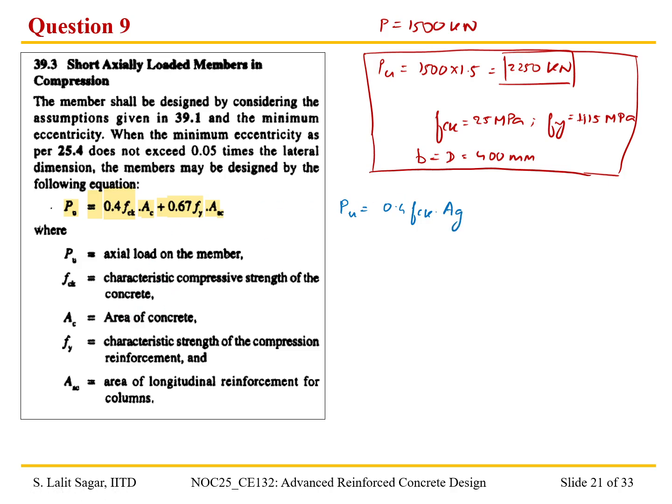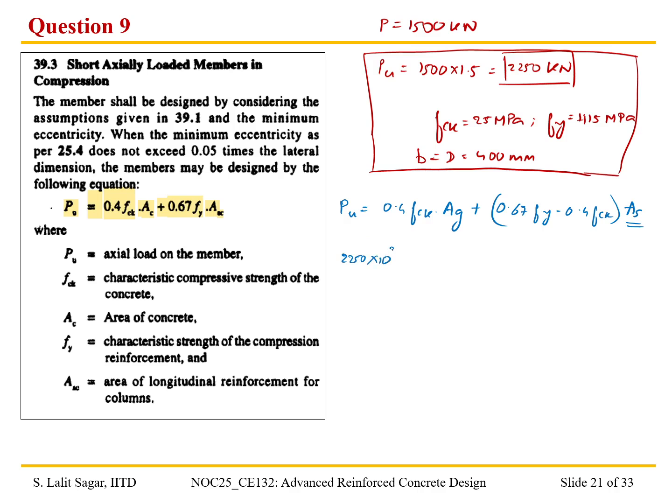We can write it in terms of the gross cross-sectional area, divided by, plus 0.67 fy minus 0.4 fck into Asc. So what we need to determine is the value of Asc. We know pretty much all the other values. Let us proceed to do that now.